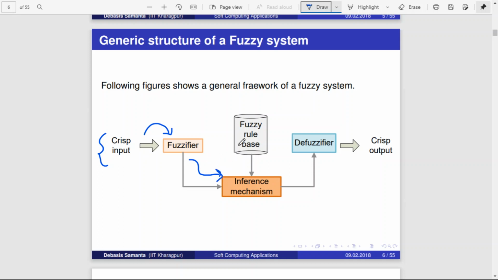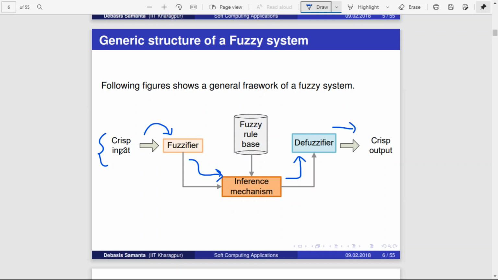Based on that, it goes through some transformation. It may be any rule we have discussed so far. It can be composition, it may be the max-min rule, or it can be anything else. Finally the output will be produced in the form of fuzzy, and again it will be defuzzified to produce the crisp output.